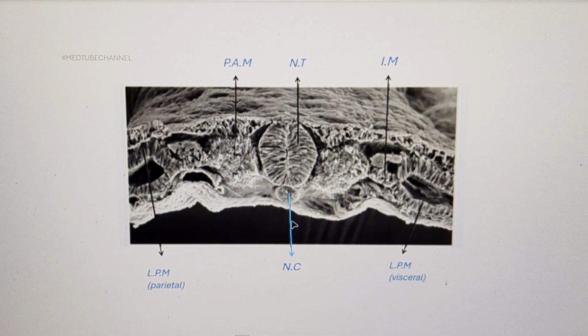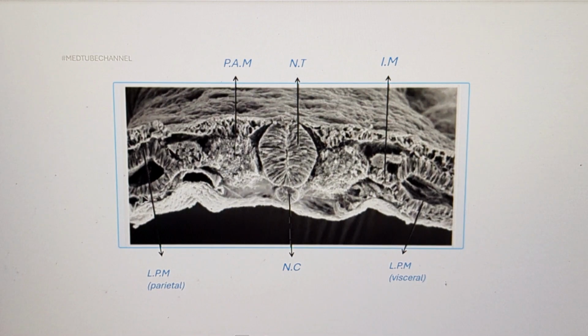Now, regarding the mesoderm, there are three distinct regions. Firstly, axial mesoderm, the notochord. Next, para-axial mesoderm, adjacent to the notochord. Then, lateral mesoderm, which includes intermediate mesoderm and lateral plate mesoderm.